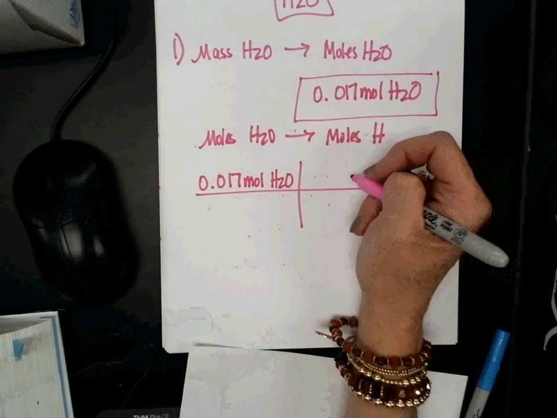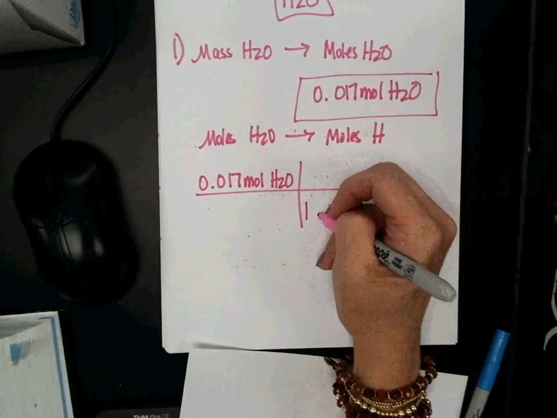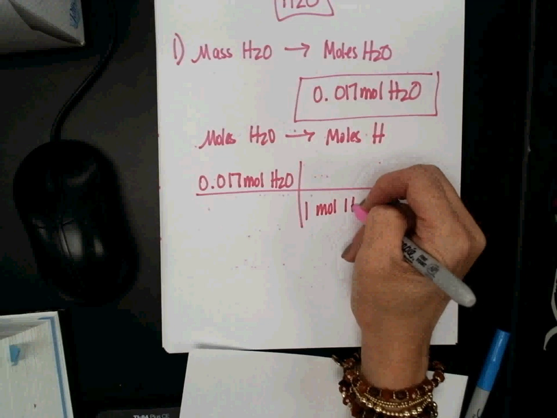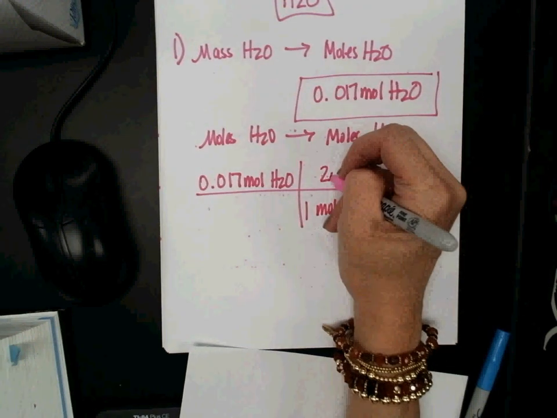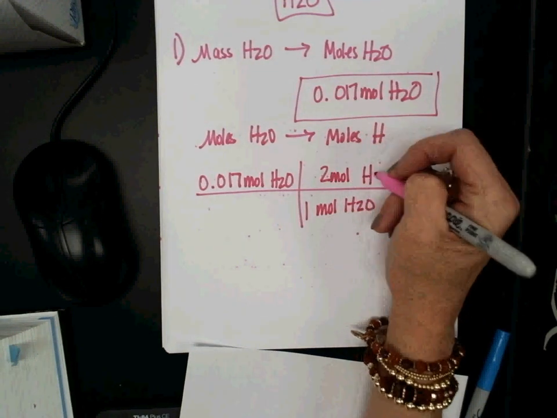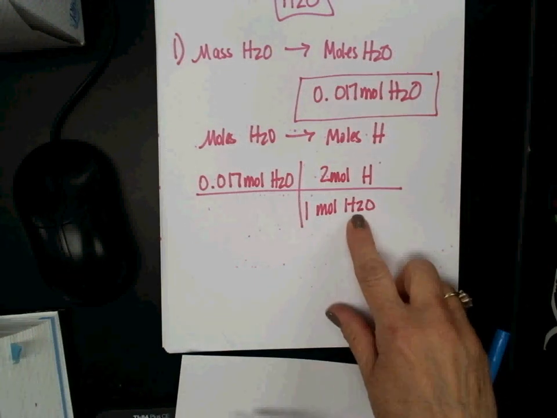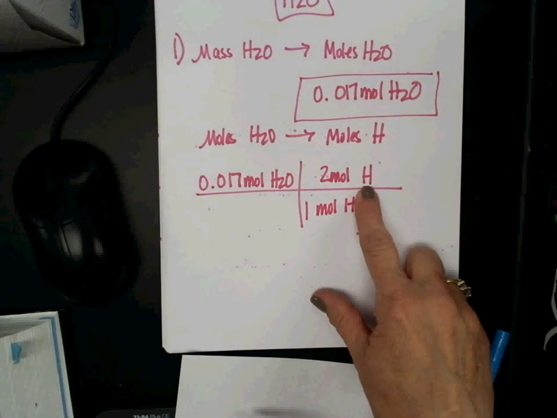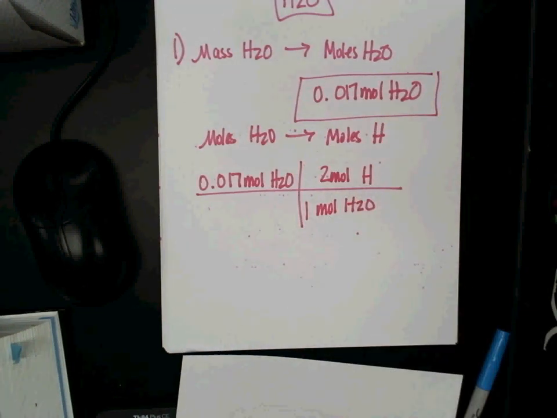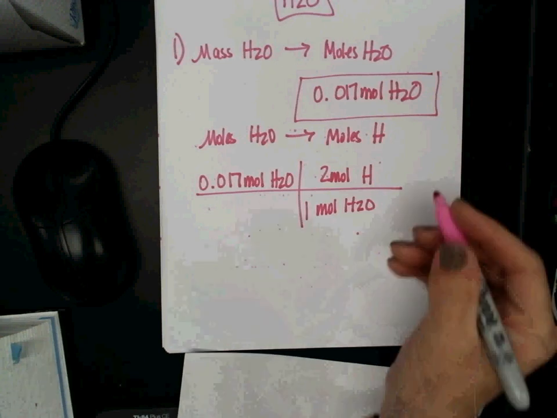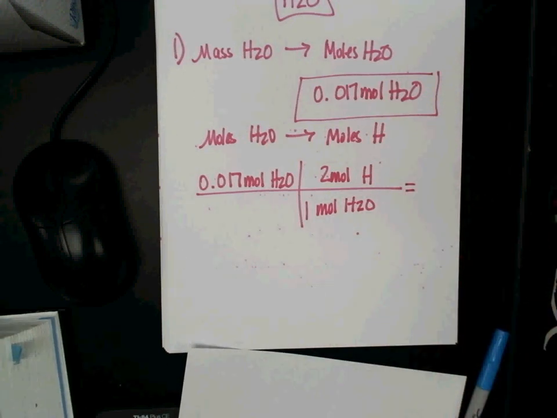And then check up here. Check your setup with mine. See what I did? 1 mole of H2O actually has 2 moles of H in it. And then figure out what that equals.